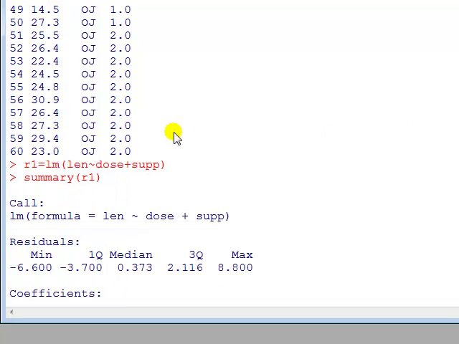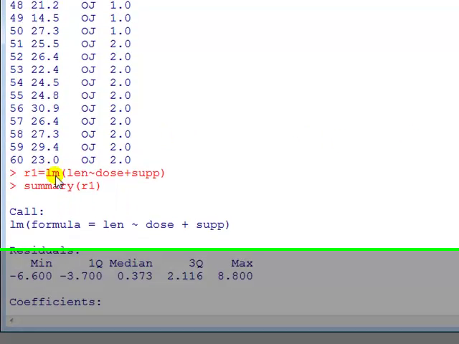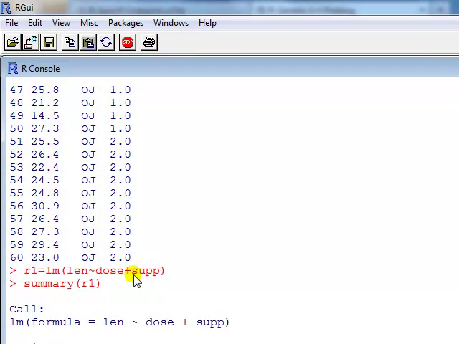So if I do this, let's call the regression R1, length on dose plus sup, so I put it straight in, it will automatically create dummy variables, coding one as 0 and the other as 1.